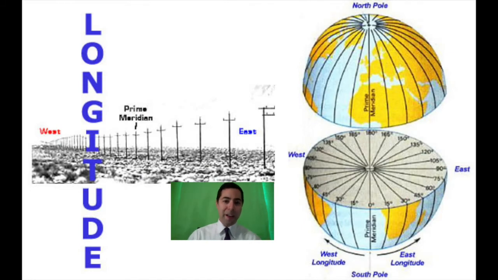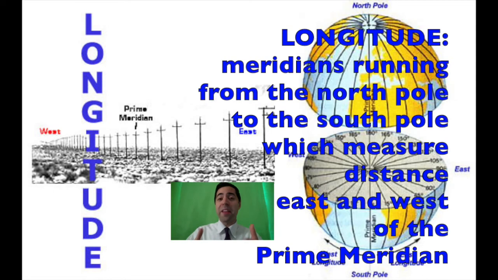Now, the other lines that you see on a map or a globe that run up and down, or north to south, are called lines of longitude. Even though lines of longitude run north to south, what they actually do is measure distances to the east and to the west. The most famous line of longitude is called the prime meridian.